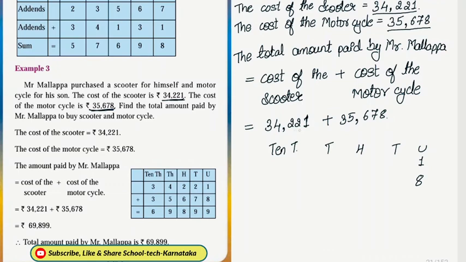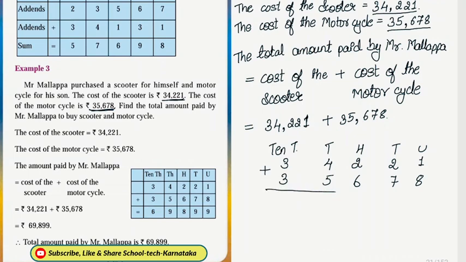For the first number, at units place we have 1, tens place we have 2, hundreds place we have 2, thousands place we have 4, 10,000s place we have 3. And for the second, at units place we have 8, tens place we have 7, hundreds place we have 6, thousands place we have 5 and 10,000s place we have 3.